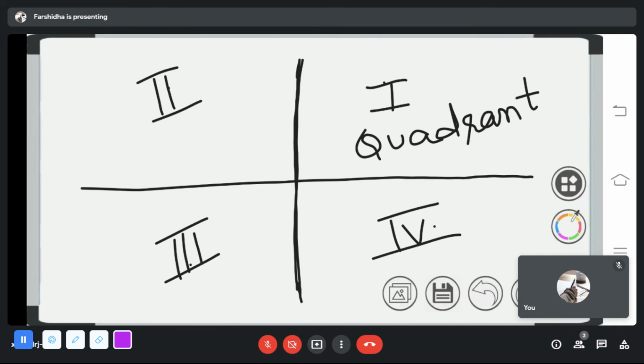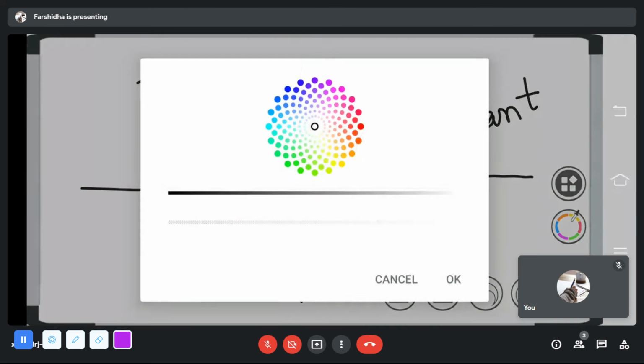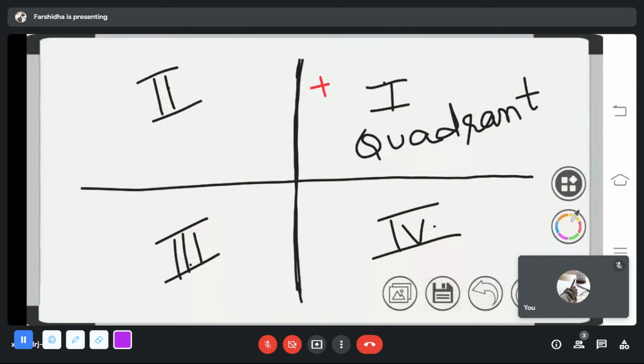Now we'll see the sign of each quadrant. The first quadrant will be having positive sign. How? First of all, this one represents the x-axis. Here you can see the x-axis is positive. Then look at the y-axis. The y-axis here is also positive.